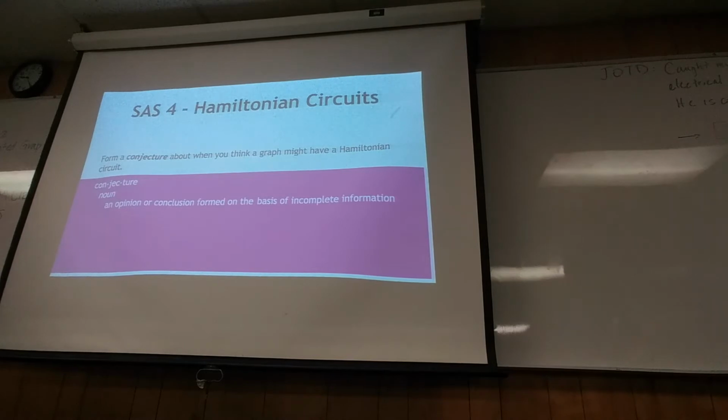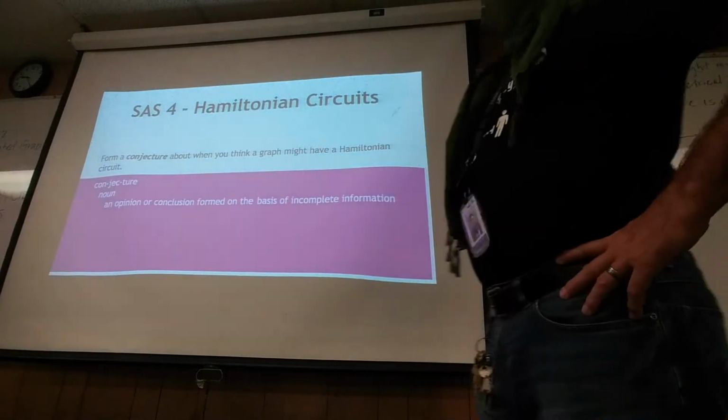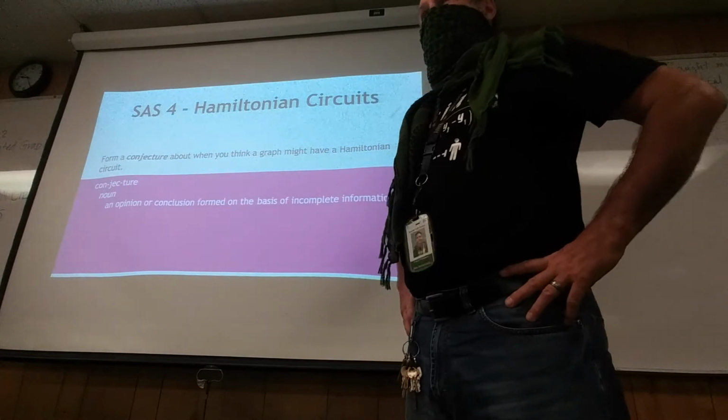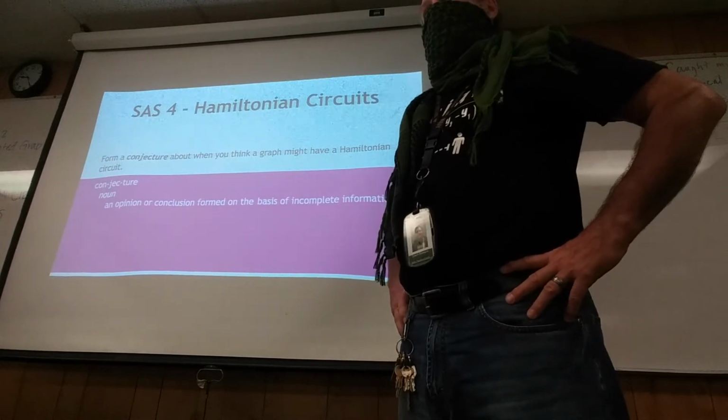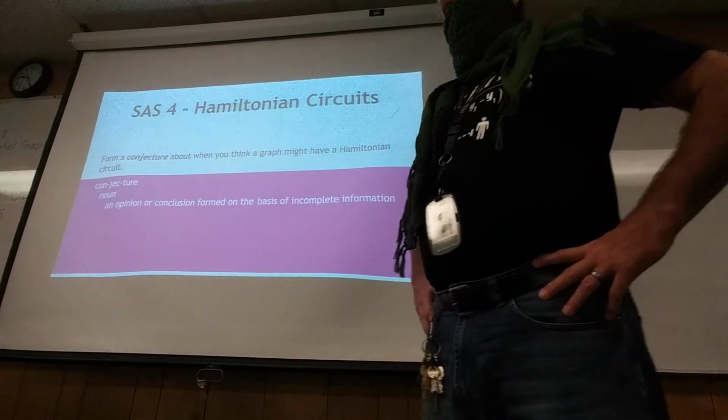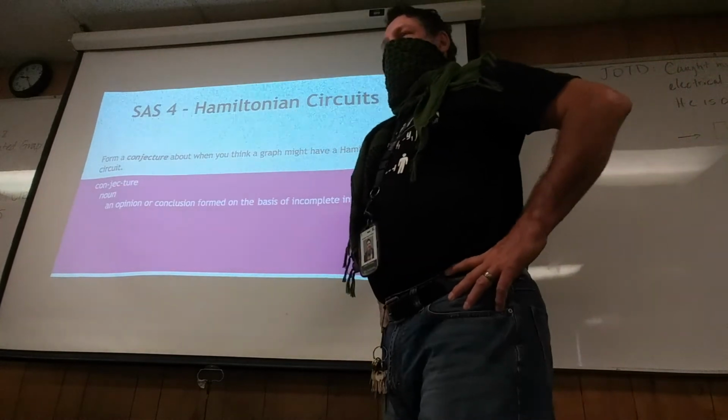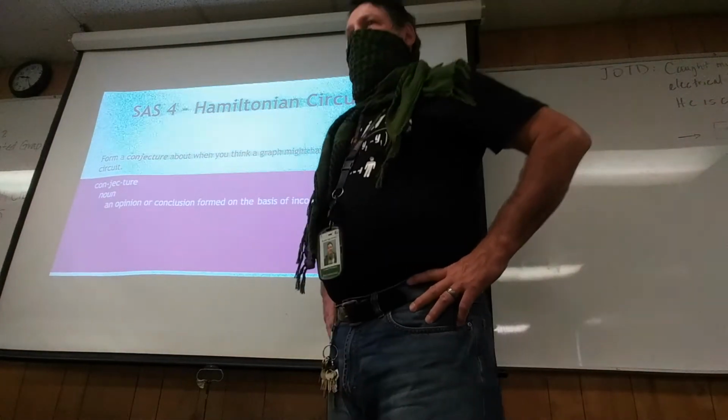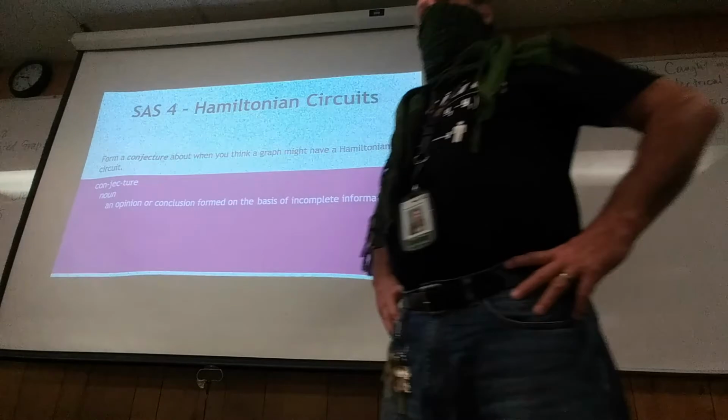So what do you think would make a Hamiltonian circuit exist? Is it the number of vertices? No, you can have two vertices and two edges and have a circuit, right? Because you just have two edges going the same direction between the two. You can have three vertices and have a triangle and still have a circuit. The number of edges doesn't matter.